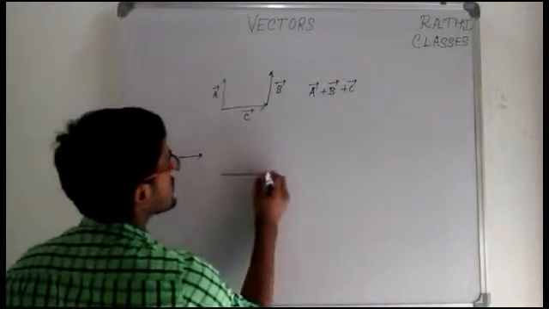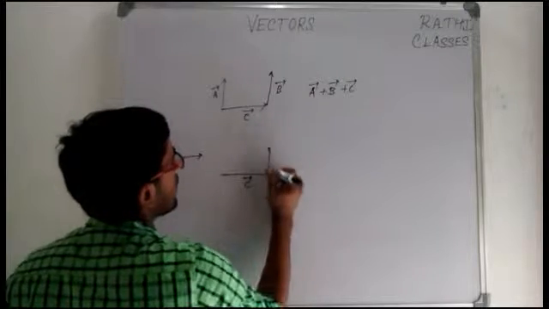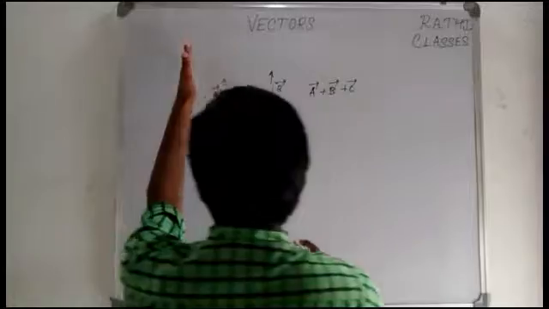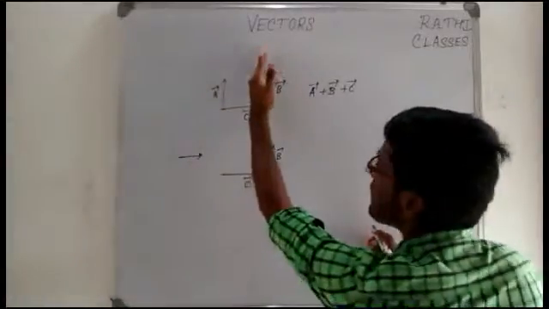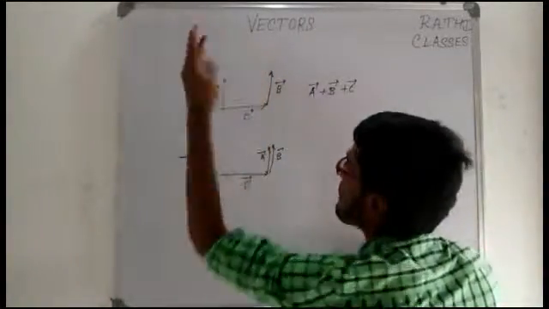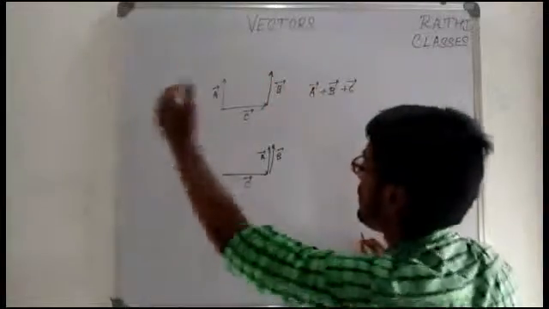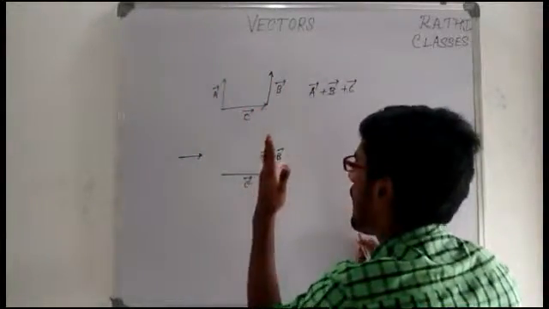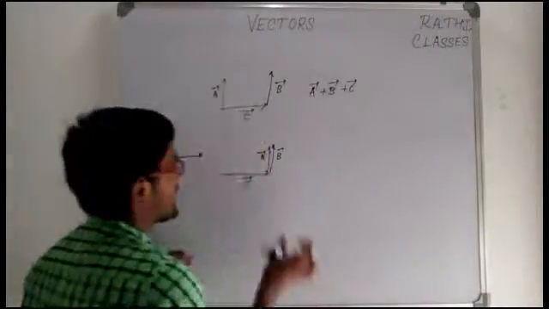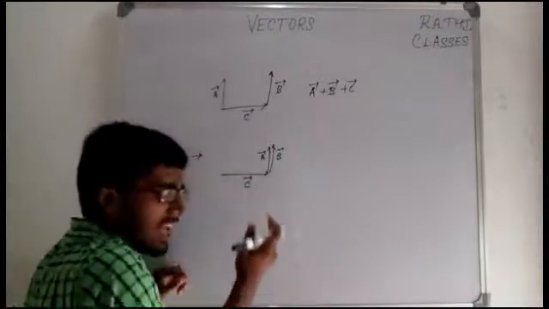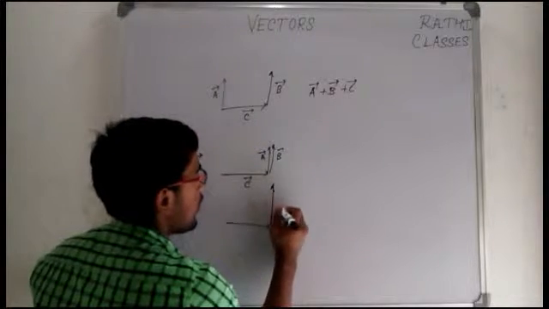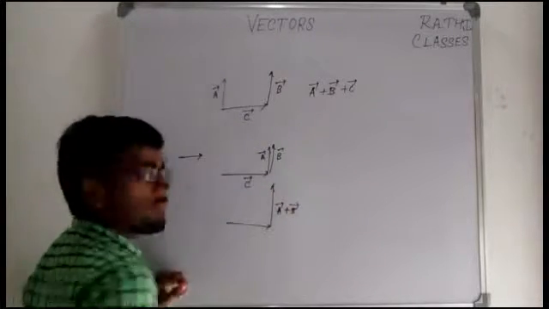What we do in these types of questions is replace this figure by this. We can replace this vector A and bring it upon vector B, right? Because parallel shifting of vectors is possible. So I bring this vector A up over vector B, and now I can see that vector A and vector B lie along the same line, so I know that this will become vector A plus vector B, right?